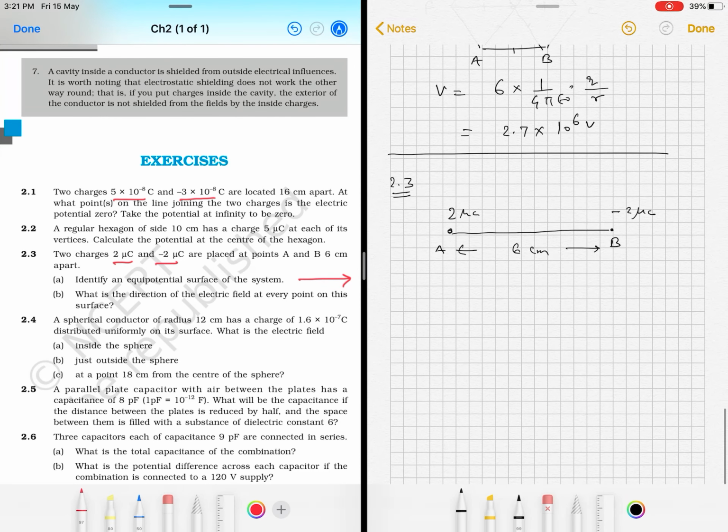As we know, this is a dipole, and equipotential means a surface at which every point is at the same potential.